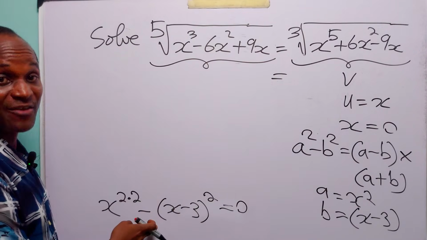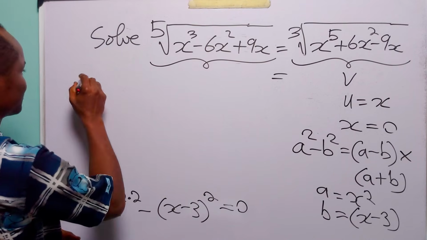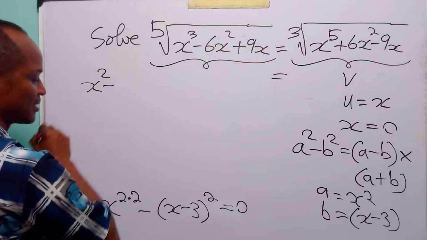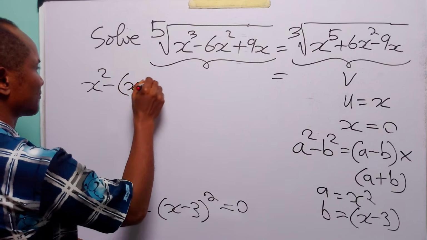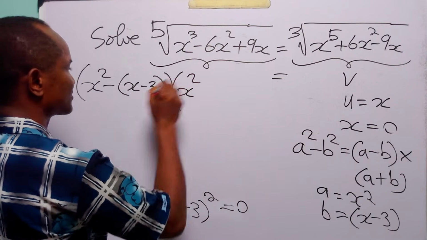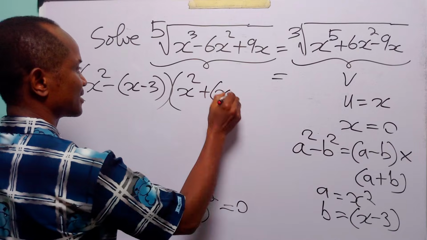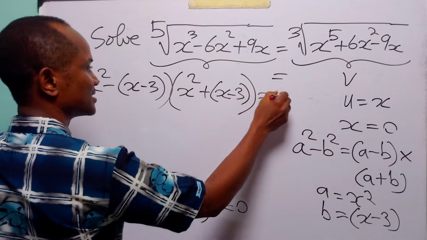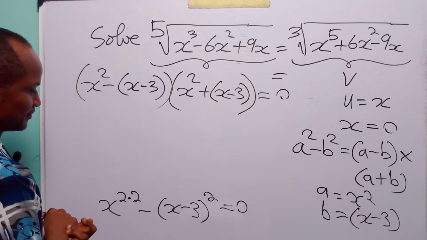So when we factorize the left-hand side of this equation, we have (x squared minus x minus 3) multiplied by (x squared plus x minus 3) is equal to 0.